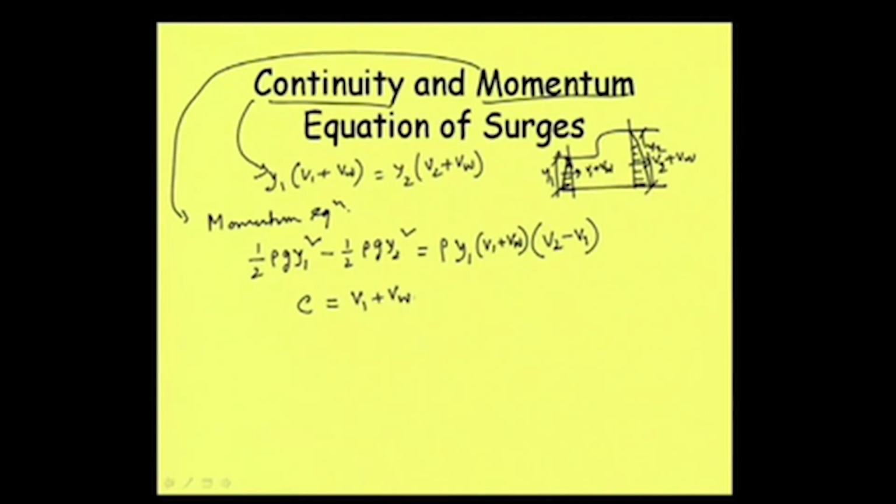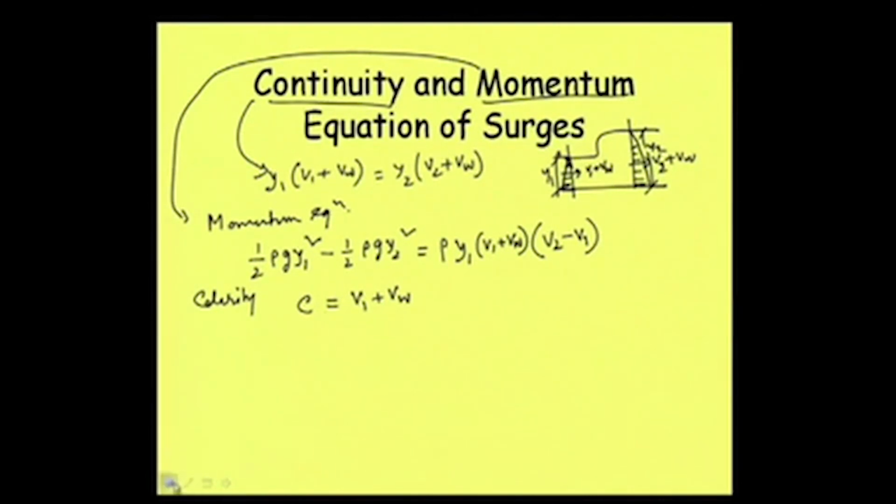This is the celerity c. Starting from the momentum equation we can derive this expression in a different form, and let us see how we can do that.